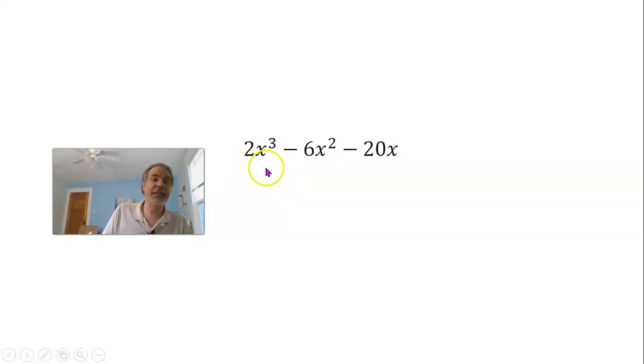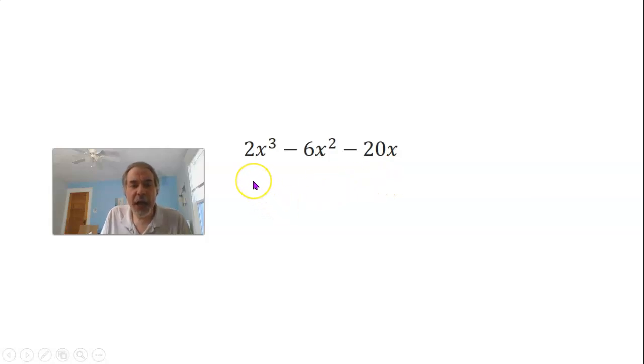Let's do that. What's the greatest common factor of all of these terms? Well, the numbers all are divisible by 2, and when you look at the variable parts, they all have at least one x in them. So the greatest common factor would be 2x.